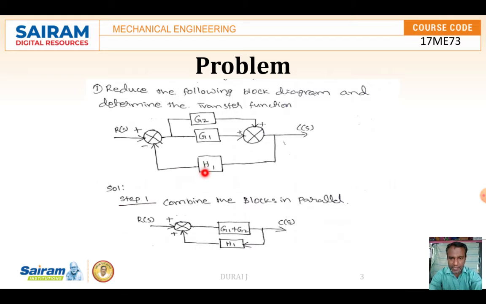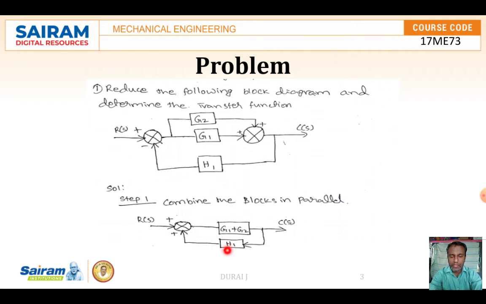But you can check this H1 loop, which is connected from right to left. Whichever loop goes from right to left, or output to input, is the feedback loop.